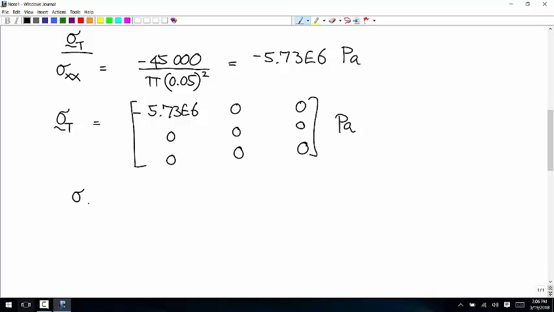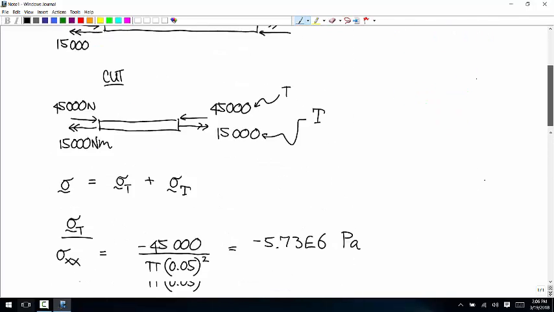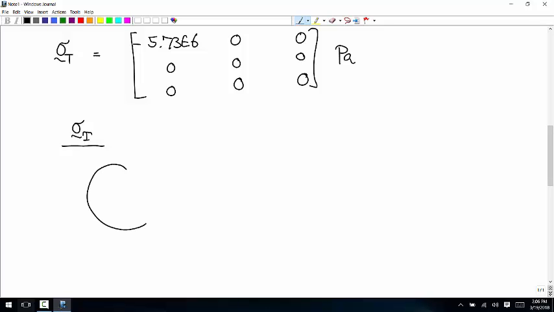And then the stress due to torque in our rotated coordinate system, so what I always write is the capital coordinate system, we're going to have the z-axis. Okay, so here's horizontal. We're going to have our capital z-axis going this way, and our capital y-axis going this way, where this angle is 30 degrees.